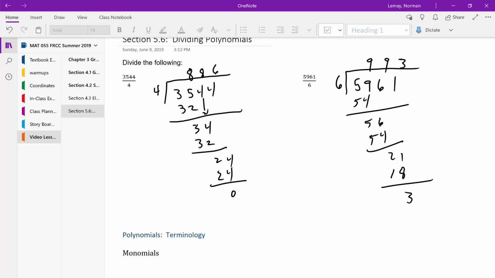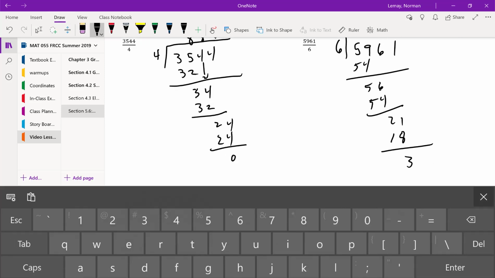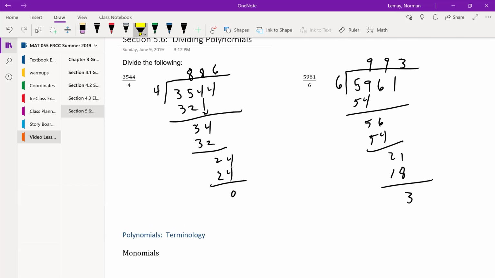All right, so just a couple of things. I'd like to do a little terminology here. Let's observe that the thing that we divide by is called the divisor, D-I-V-I-S-O-R.